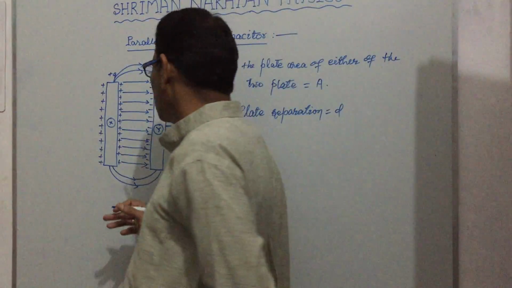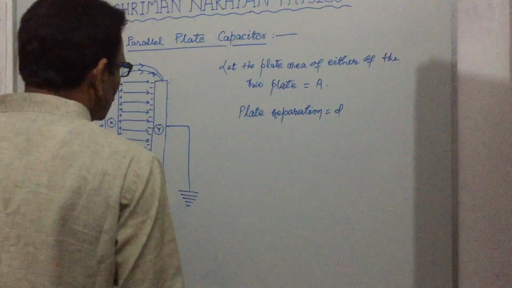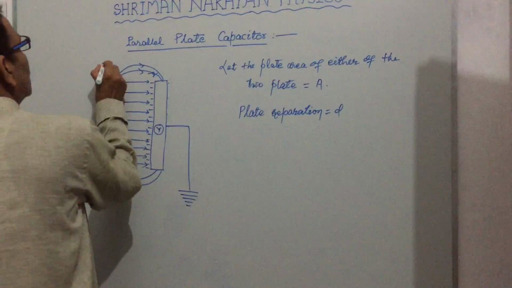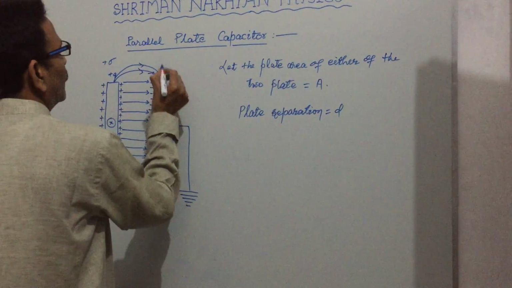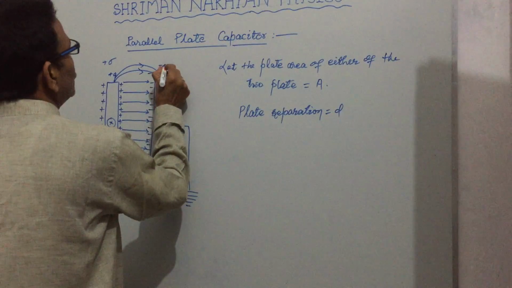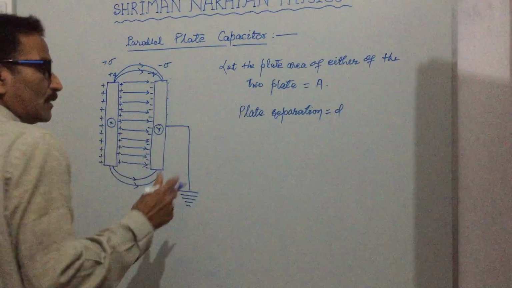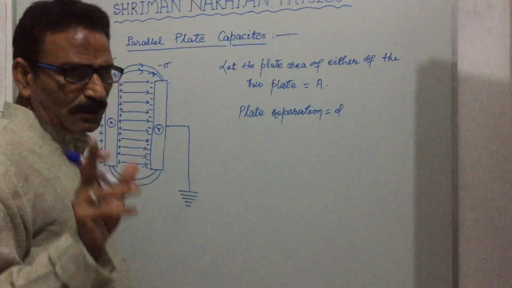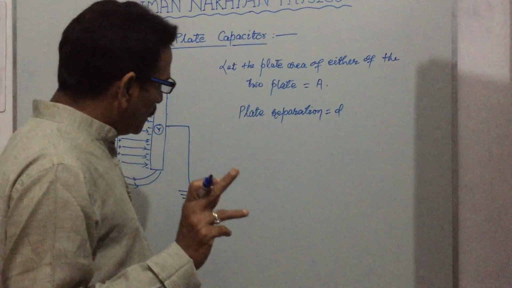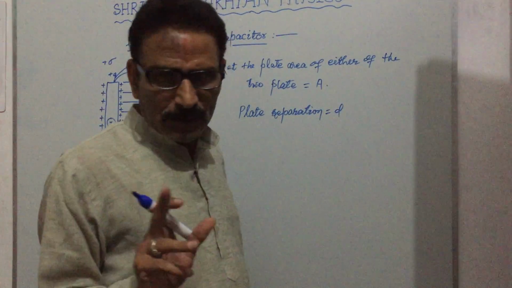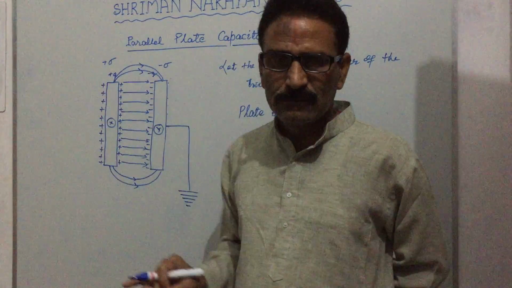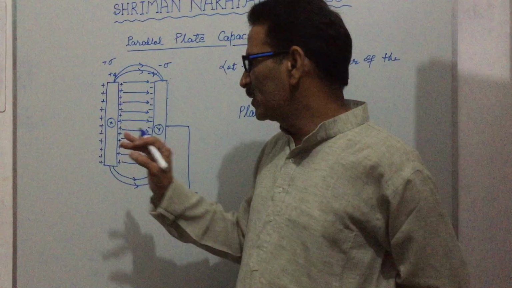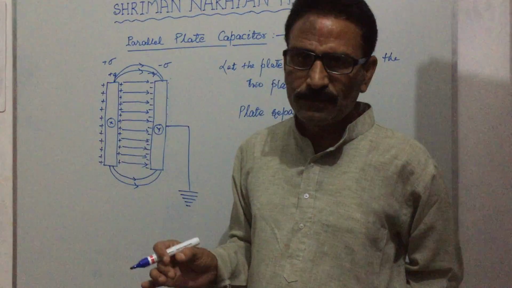As the charge is positive, so for this plate, the surface density of charge is plus sigma, and for this plate, the surface density of charge is minus sigma. My dear students, if you will think about the net charge of this system, it will be plus q minus q, that is 0.